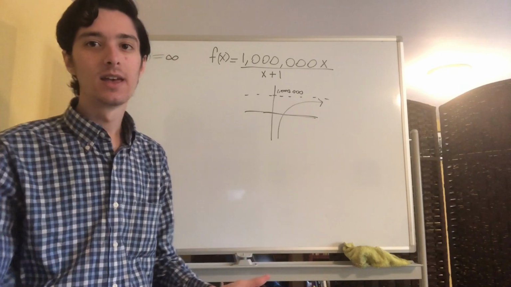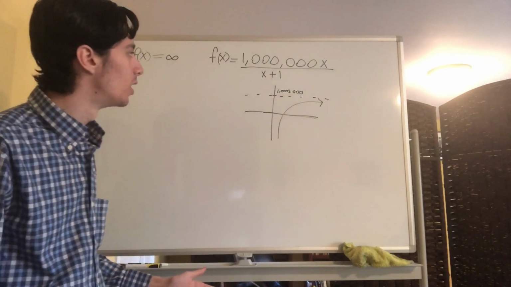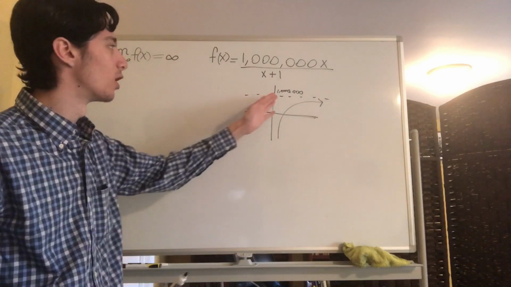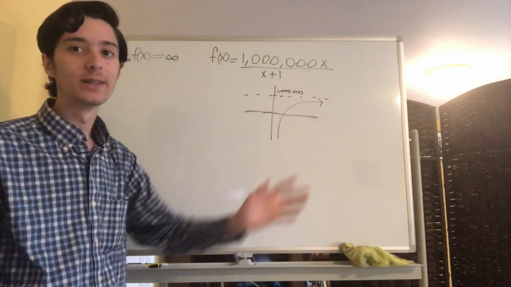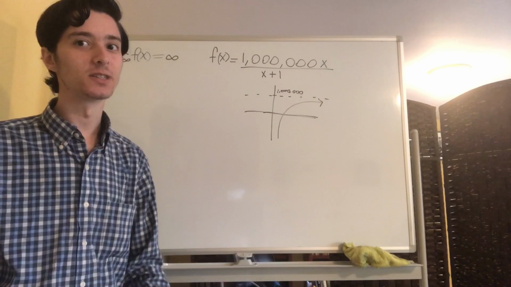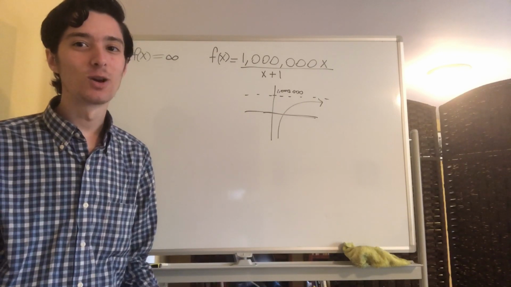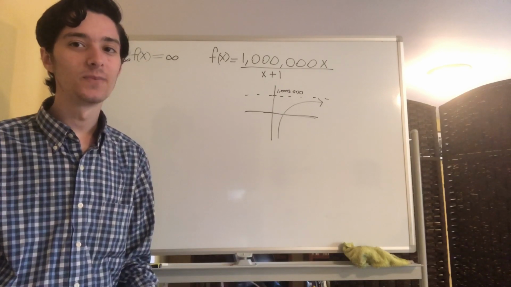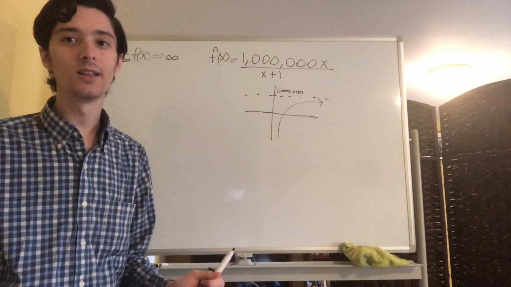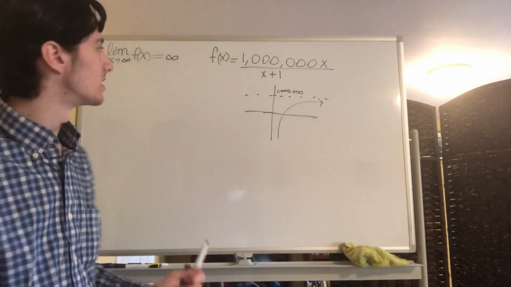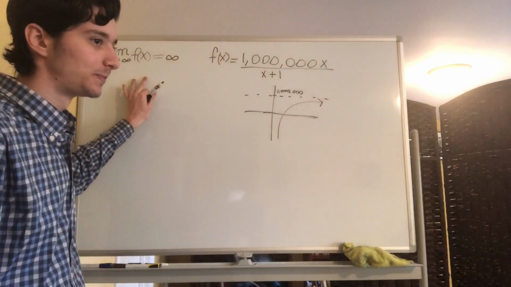However, in this example, we still see that f of x is never larger than 1 million, at least when looking at very large positive values of x. So the limit as x approaches infinity of f of x is not infinity. It is still 1 million, a very large number, but this doesn't give us exactly what we want.